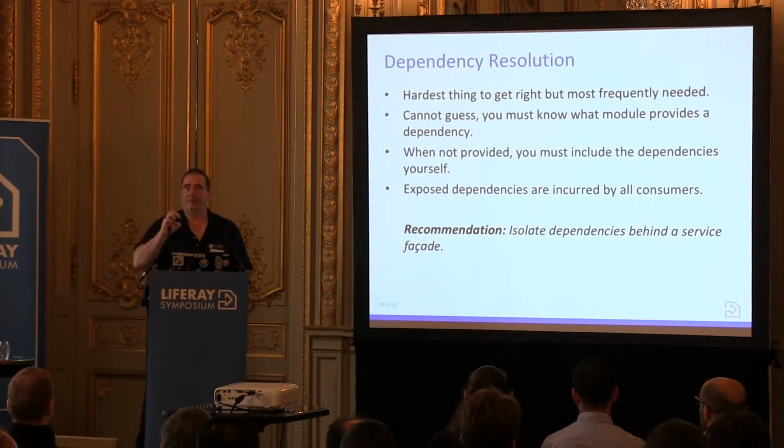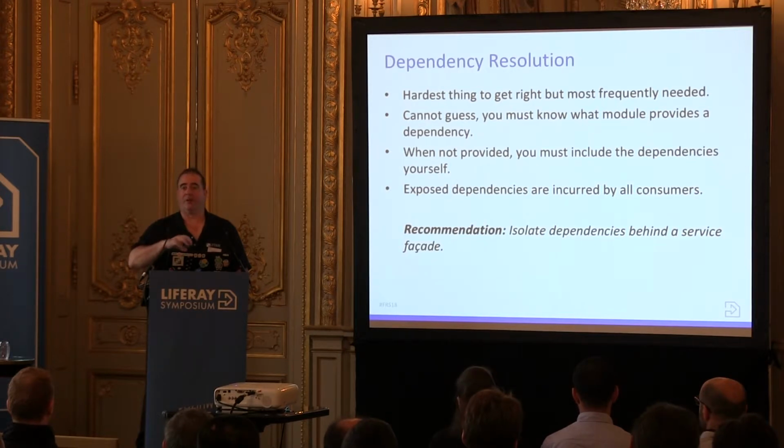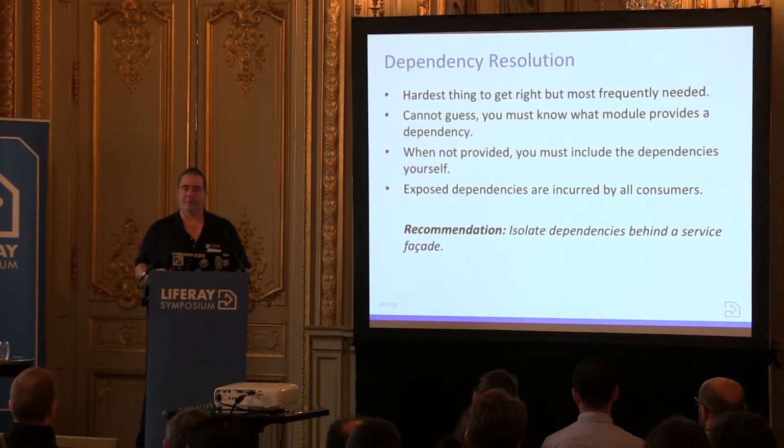But those dependencies are not necessarily going to be satisfied by the OSGi container. For example, I was doing a project where I needed to parse some XML, and I wanted to use Commons Digester because that's a tool that is easy to use and will parse through XML and really make it easy to get into a Java-based model.